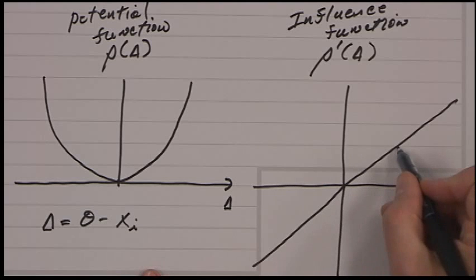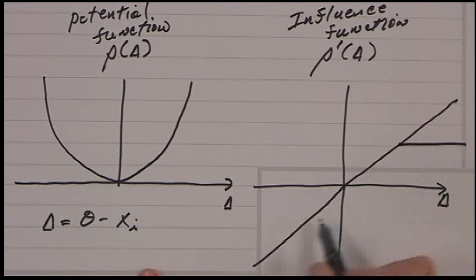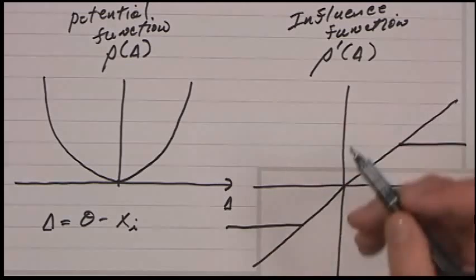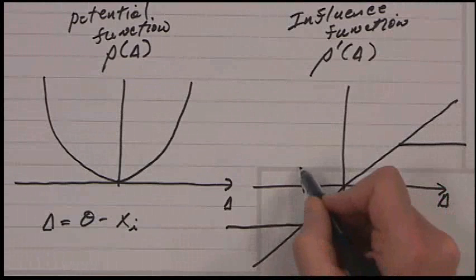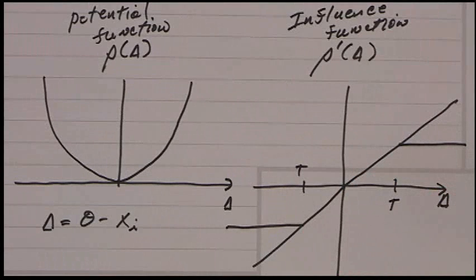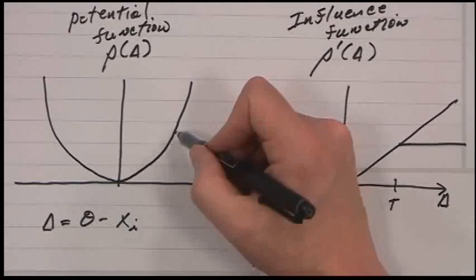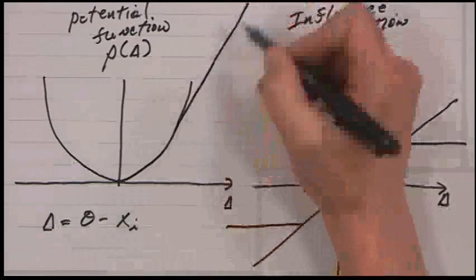So what you do is you say, okay, if it's greater than some amount, I'm going to clip it off. When I get to that corresponding value, which is at t, beyond t I don't believe it anymore. And here at t, I get this.